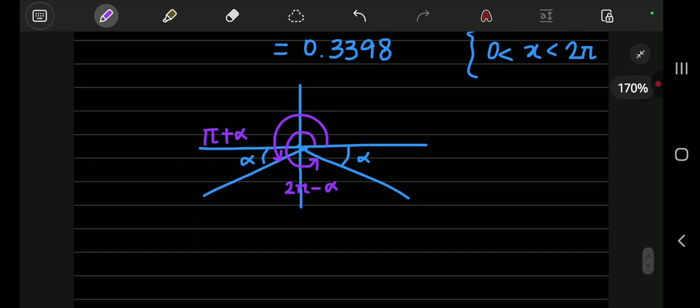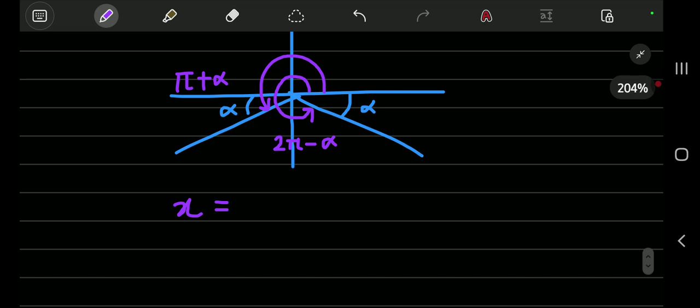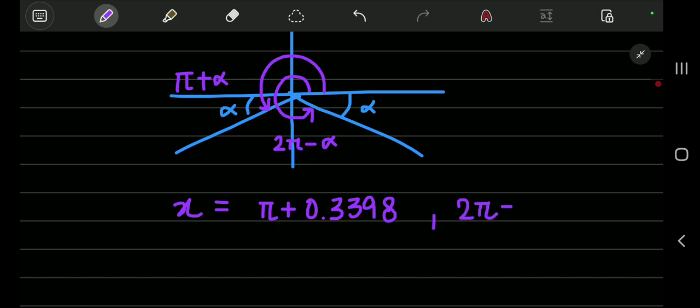So your final angle x will be equal to pi plus alpha, pi plus 0.3398, and 2 pi minus 0.3398.